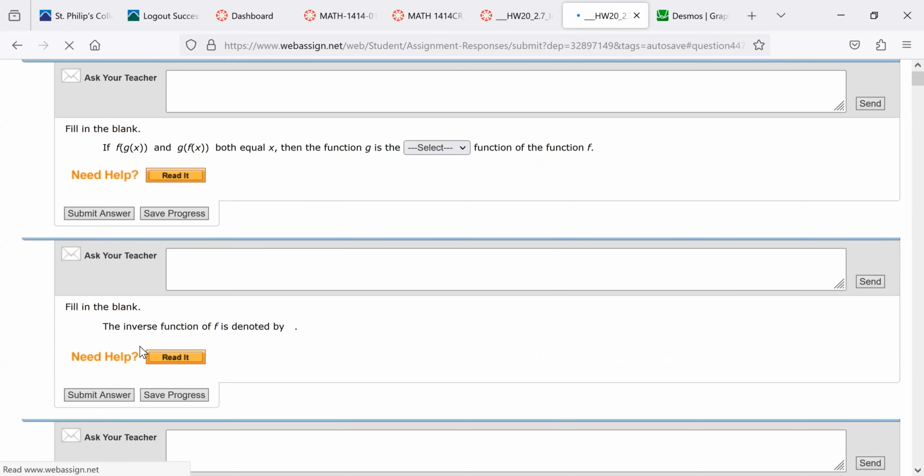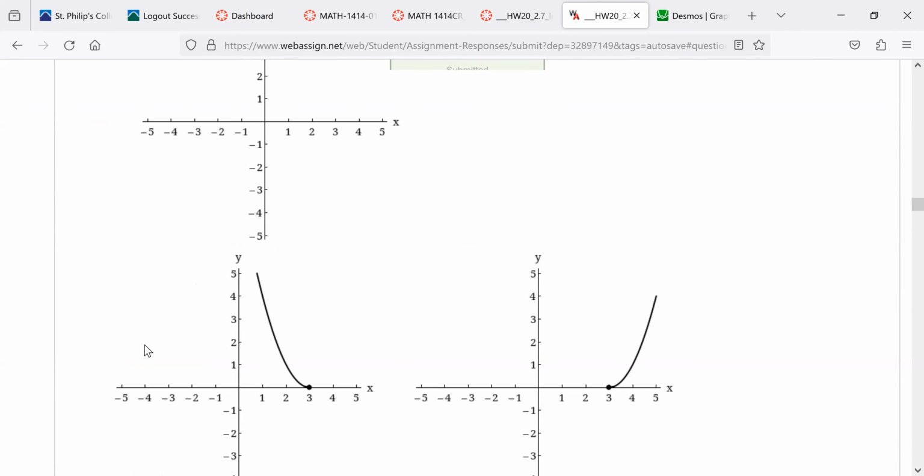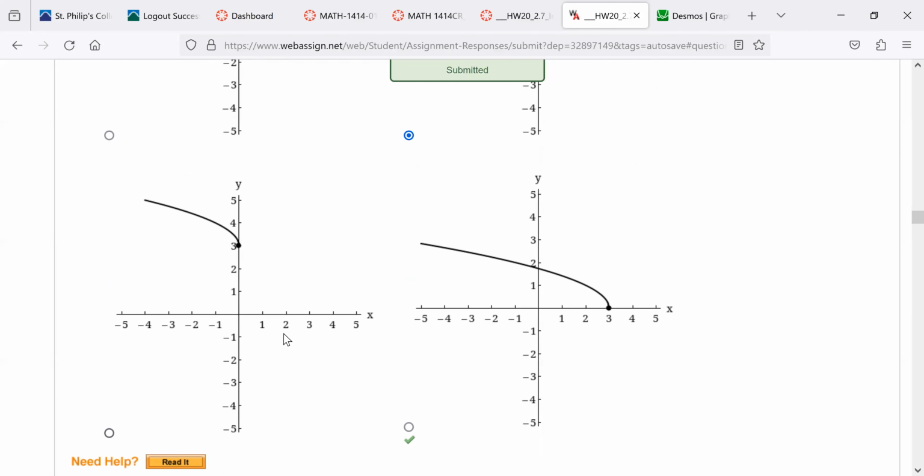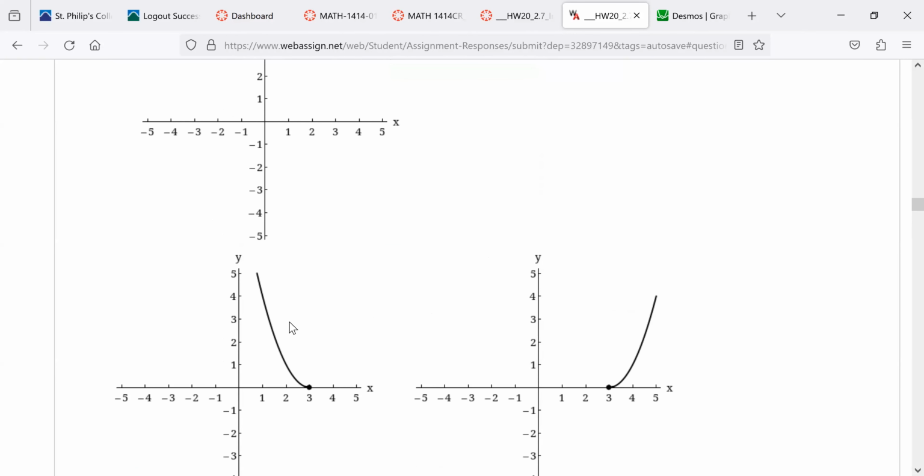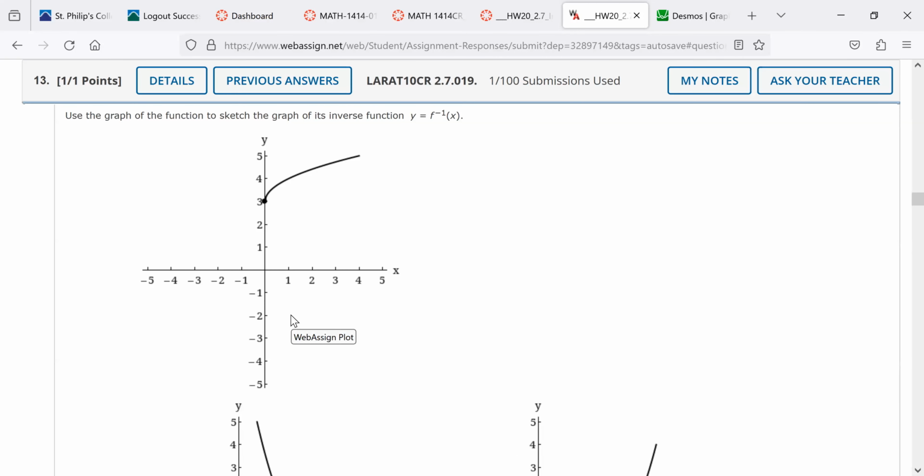For the graphical part, let's say at the beginning, let's go to the top.